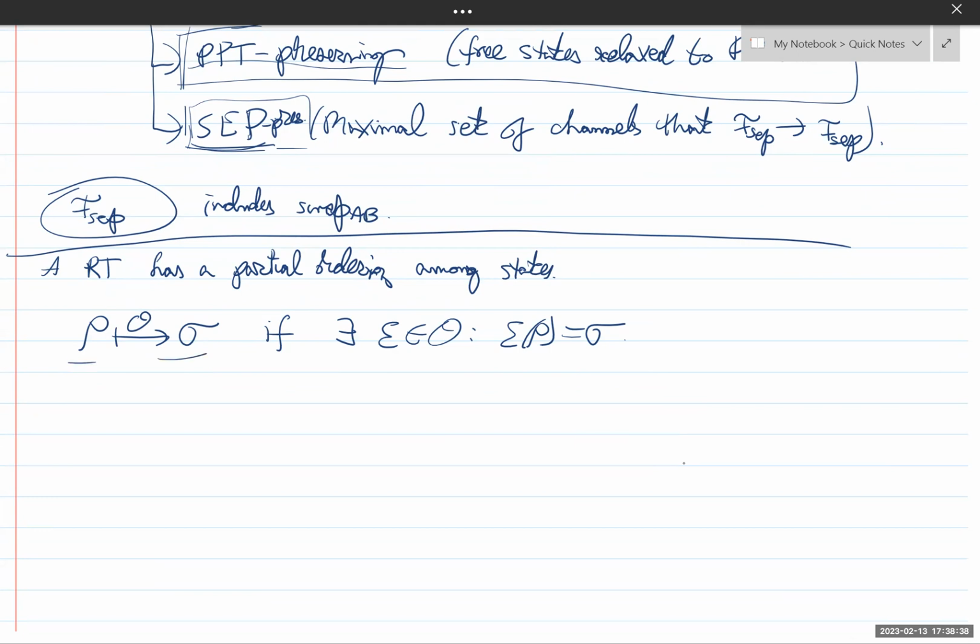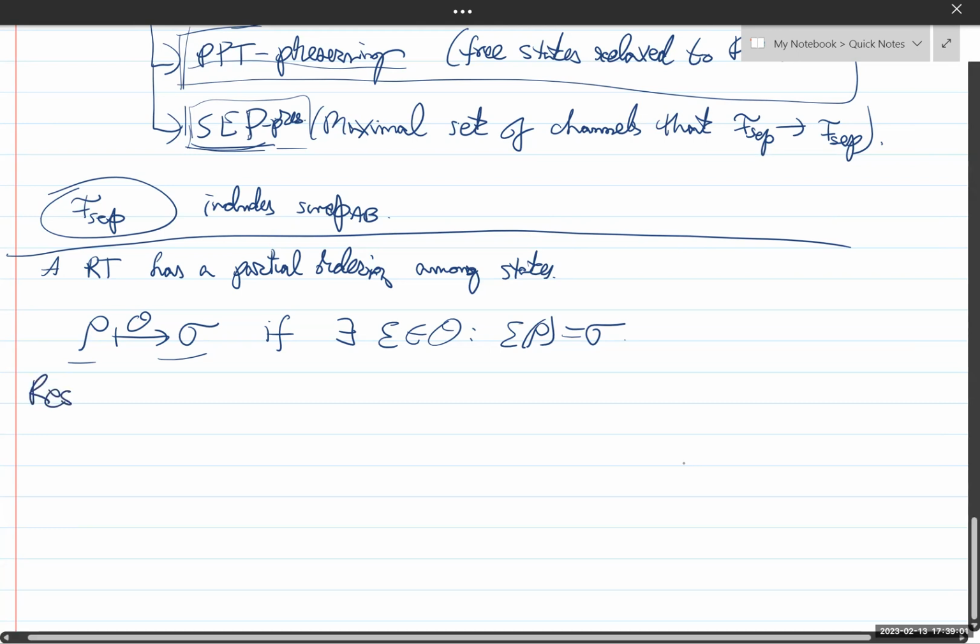If you can come up with that kind of condition, then most things that are interesting or useful, you can answer using that. But that's usually not so easy. So what we do is we use resource monotones.